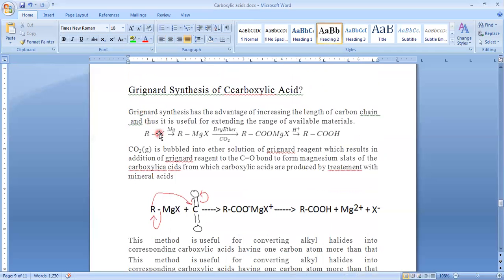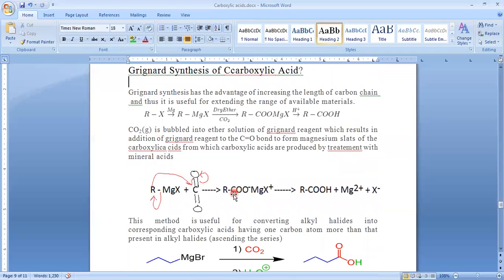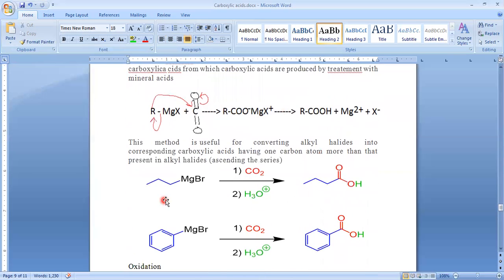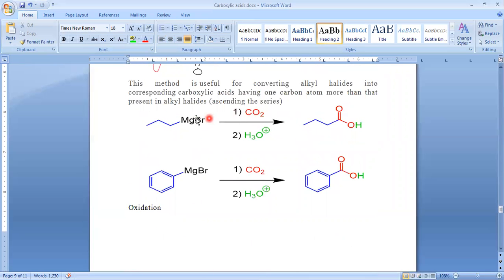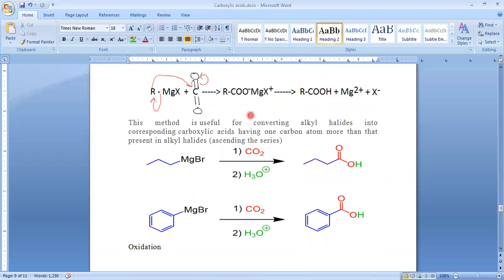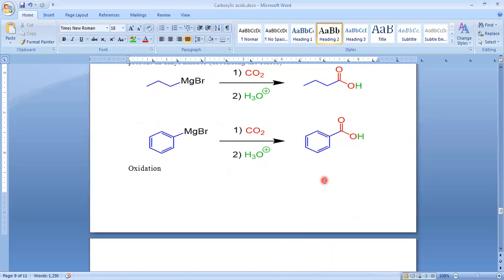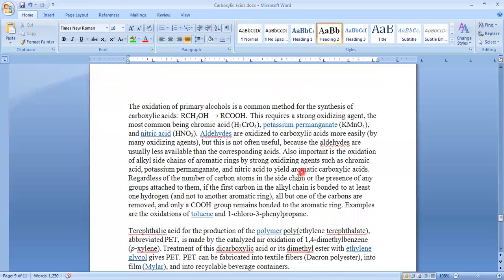When the Grignard reagent is treated with carbon dioxide, we first get a salt, and followed by acidic hydrolysis, we get the carboxylic acid. These are some examples. First step is carbon dioxide with Grignard reagent, we get a salt, and further on acidic hydrolysis that salt is converted into the corresponding carboxylic acid. Okay, so this is the description.